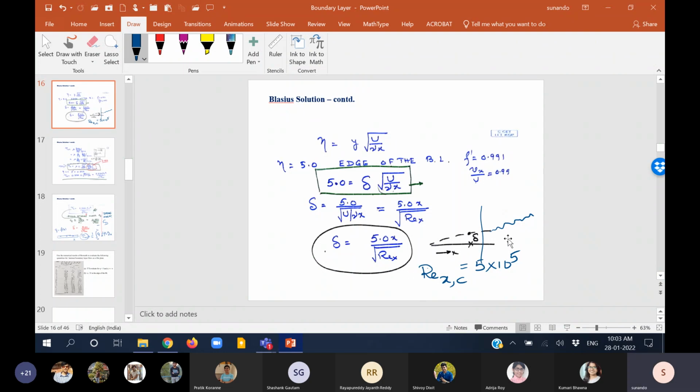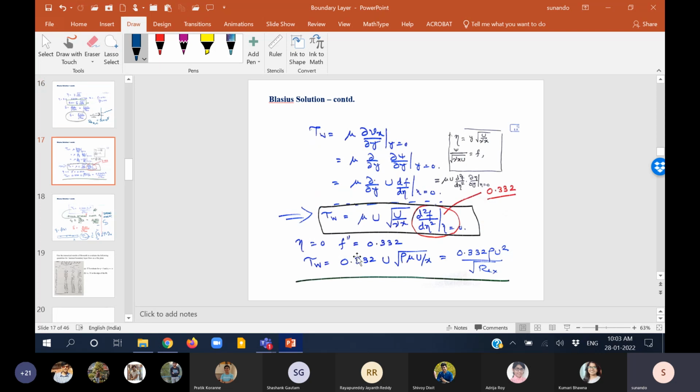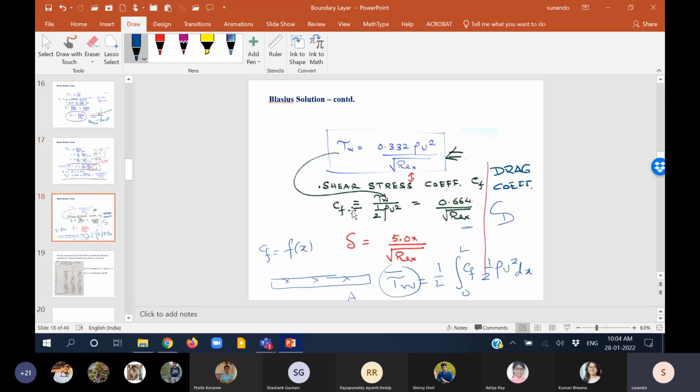where the flow changes from laminar to turbulent, and none of the relations that we have obtained for the growth of the boundary layer can be accurately predicted by this relation except up to this point. Beyond this point, since the governing equation is different, this relation will also not hold good. Same is true for the expression for CF. All these are for laminar flow.